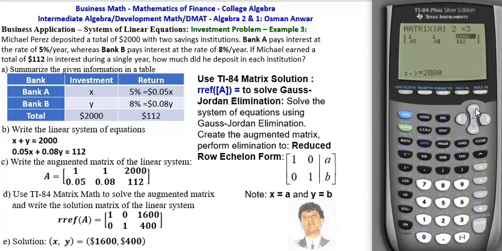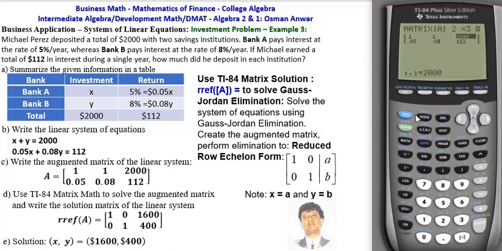Okay, make sure your entries are correct. So you have the x values are 1 and 0.05, the y values are 1 and 0.08, augmented with 2,000 and 112.